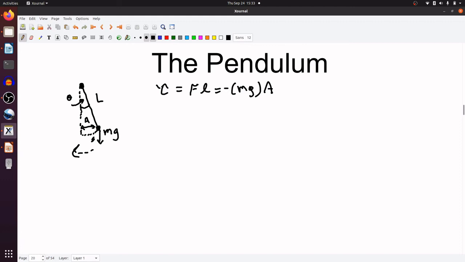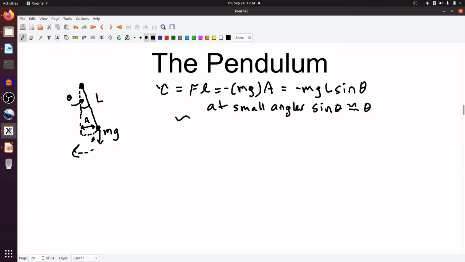Amplitude is nothing more than L sine theta, so I can say negative mg L sine theta. And then I happen to know that at small angles, sine theta is approximately equal to theta. So I can now say tau is equal to negative mgL theta.